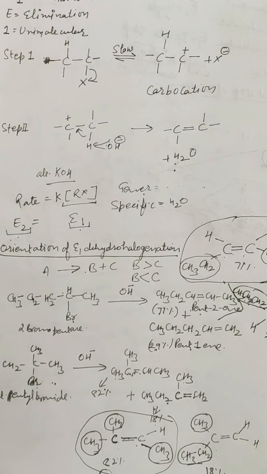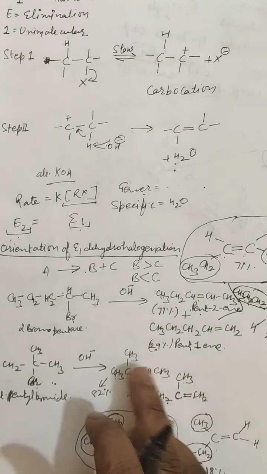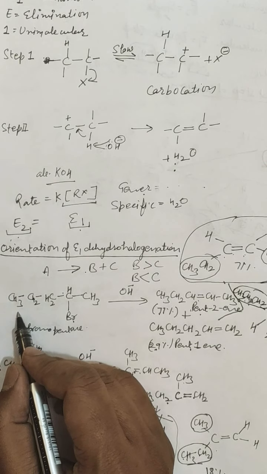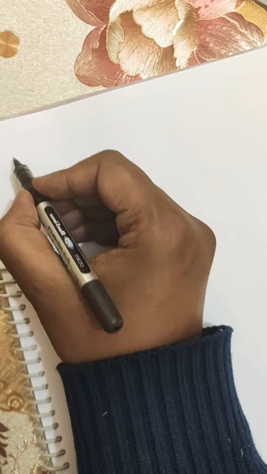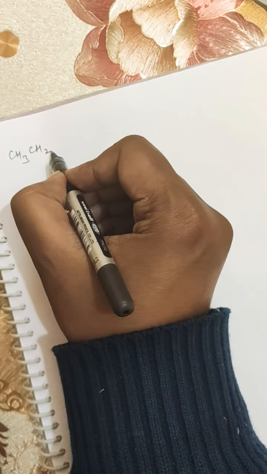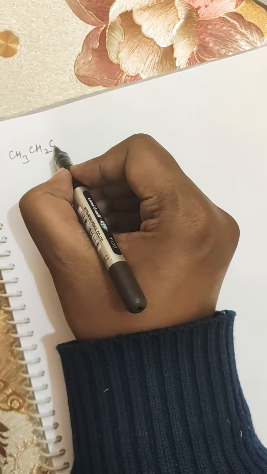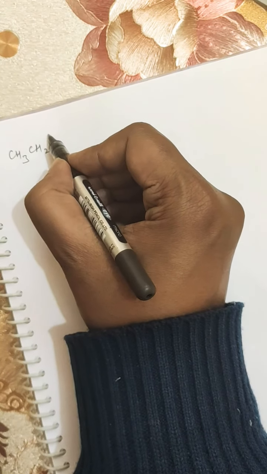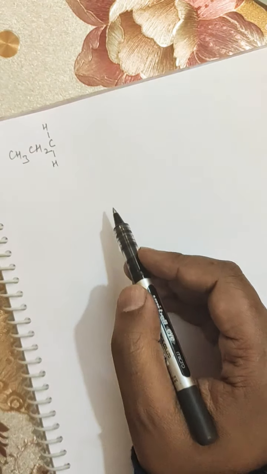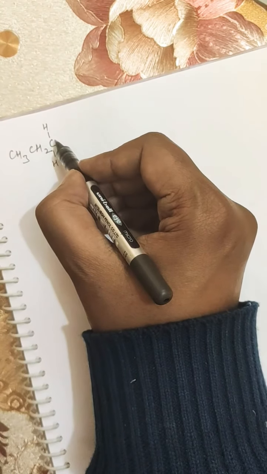And further, suppose we want to write the mechanism of this reaction. First of all, you have to write the alkyl halide, that is CH3 CH2 CH2 CHBr CH3.